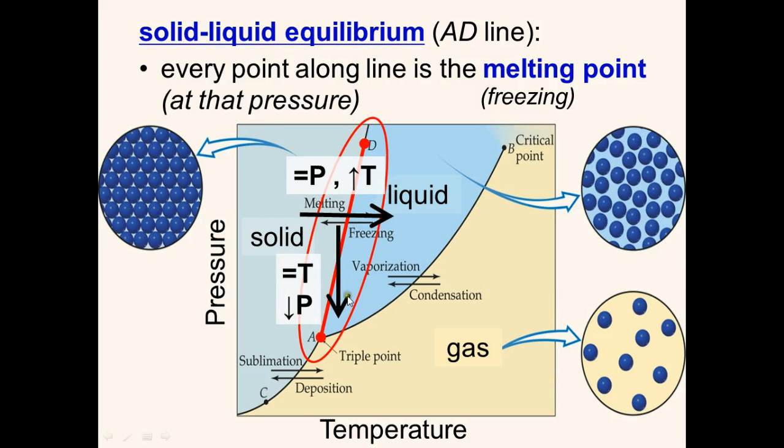Just like I said with the liquid to gas, if we have less pressure or force holding something down, that means it doesn't take a lot of energy to go from solid to liquid. If we don't have much pressure or force holding back the particles, it's easy for them to escape. So that is why if we decrease pressure, the solid can easily become a liquid.